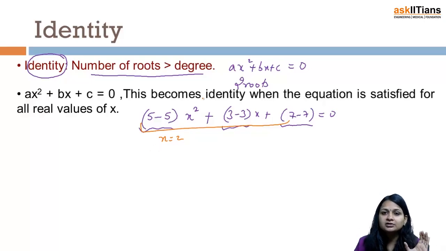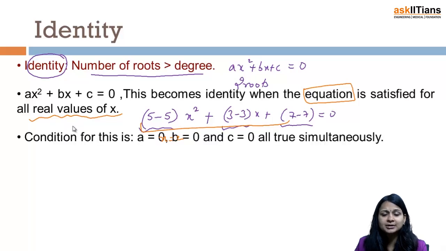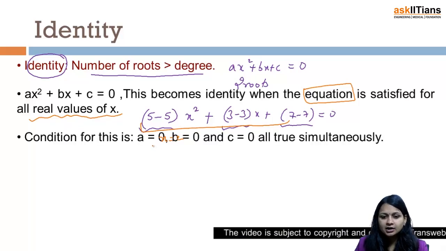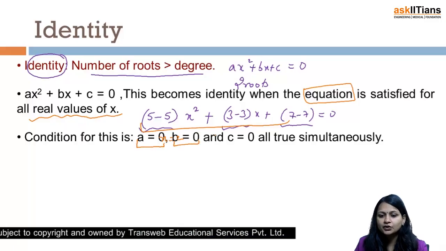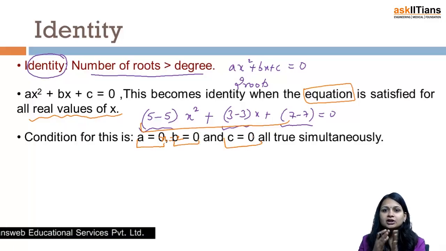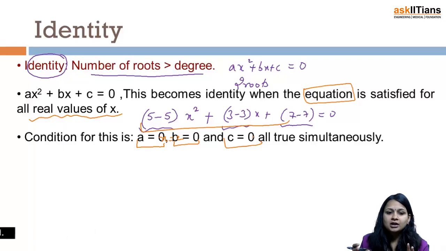So very important thing that in identity, I will say that equation is satisfied for all real values of x and it is an identity. Okay? No more it is an equation. It becomes an identity. So, condition for this is that A equal to 0, B equal to 0 and C equal to 0 and that too simultaneously.